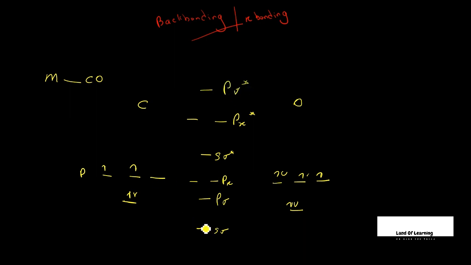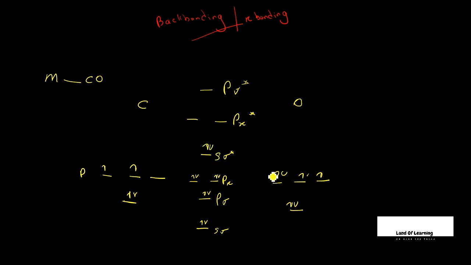So let's fill up the electrons. I hope you know how to draw this molecular orbital diagram. If you do not remember all the stuff, go to our playlist. There is a video about molecular orbital diagrams and how to construct those things.